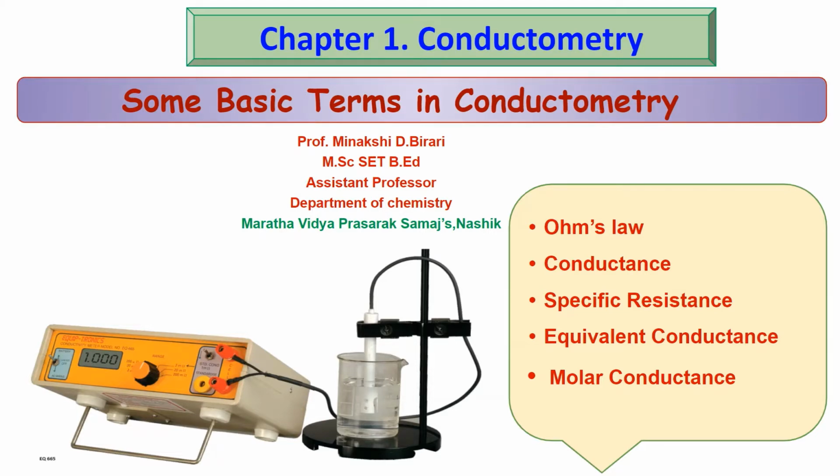These are the nature of the electrolyte, the concentration of the solution, the velocity with which cations and anions move in the solution, and also the temperature, which decides the mobility of the ions, and also the extent to which a weak electrolyte dissociates. Now, in today's lecture, we will study some basic terms in conductometry.